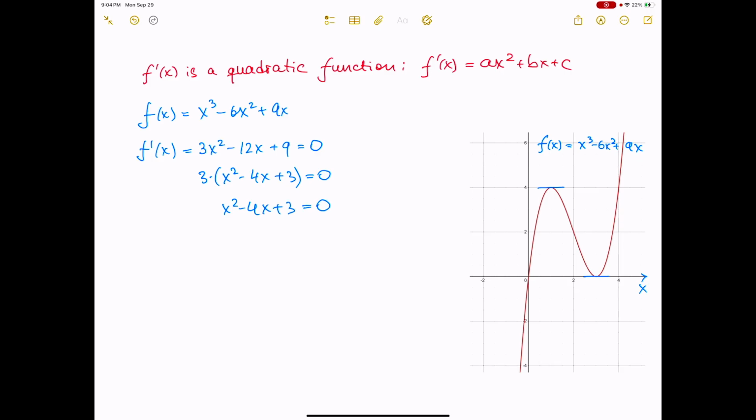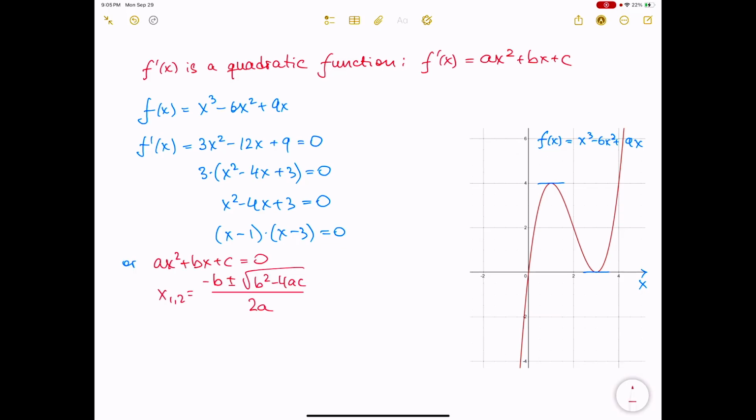At this moment, this is a quadratic equation, and we can solve it using two different techniques. We can either observe that we can factor this expression as x minus 1 multiplied by x minus 3, or we can use the quadratic formula. The roots x1 and x2 are calculated as minus b plus or minus the square root of b squared minus 4ac, divided by 2a.